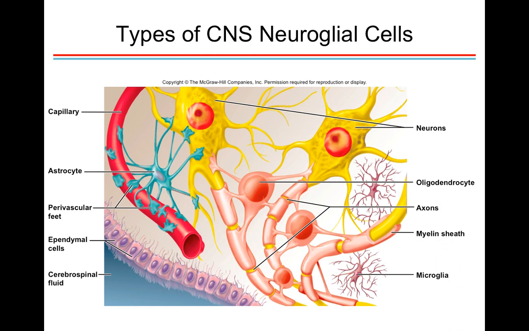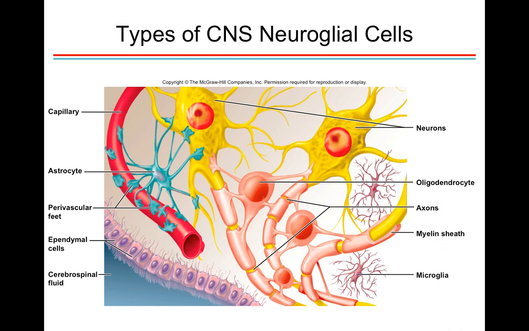In terms of interacting with the capillary, what they do is they actually uptake glucose from capillaries, they convert it to lactic acid, and they provide the lactic acid to the neurons, and the neurons will then basically metabolize the lactic acid and produce ATP.